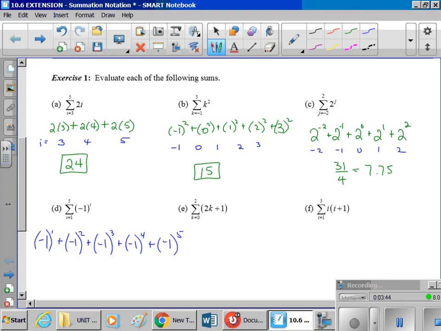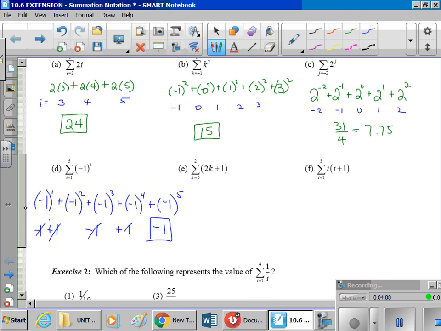To an even power, it's going to be positive, and to an odd power, it's going to be negative. So this is negative 1 plus 1, minus 1, plus 1, minus 1. When you add them all up, somewhere along the lines they cancel out. So these two cancel, and negative 1 is my final answer here.